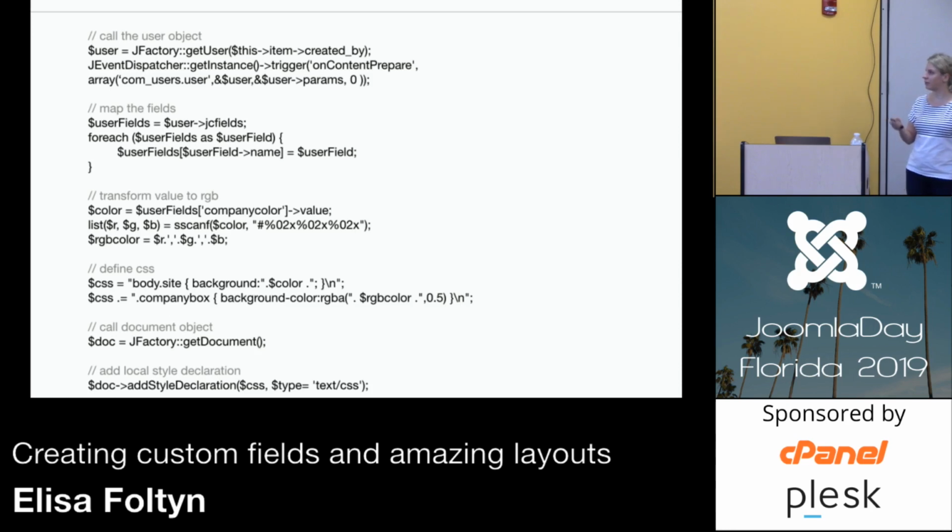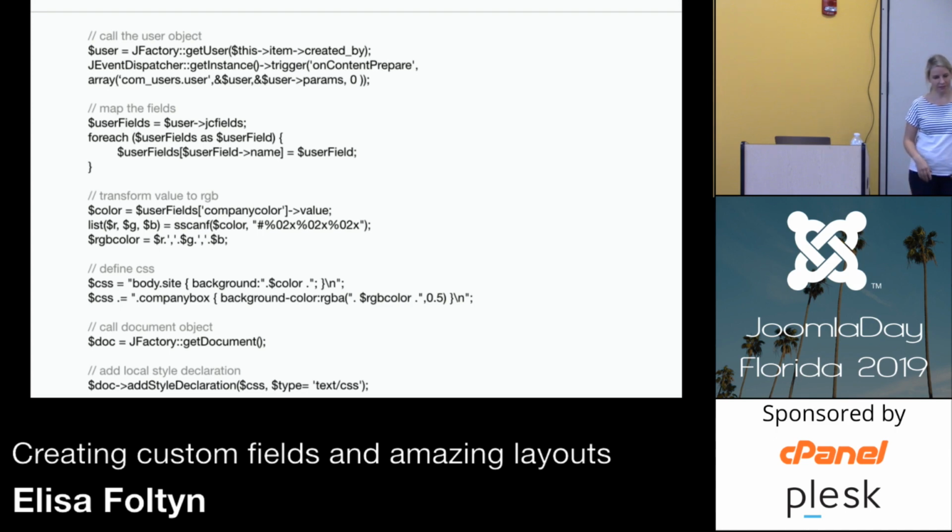In this example, I had a field in the user component, and the field was a color field. The user registers on the website, puts in a color, maybe his company color, and saves it.